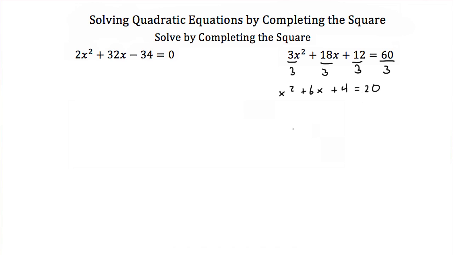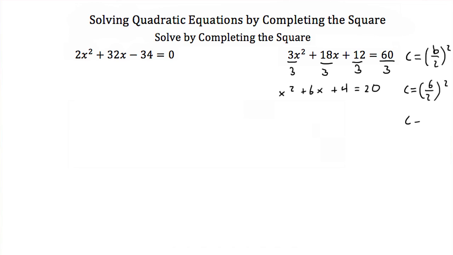Now my left-hand side here is not a perfect square trinomial, so I'm going to force it to be one. I need to find out what my c will be, or what I'm going to add to both sides to make it a perfect square trinomial. My c is going to be equal to b over 2 squared, and my b is 6. So c is equal to 6 over 2 squared. 6 over 2 is 3, and 3 squared is 9.